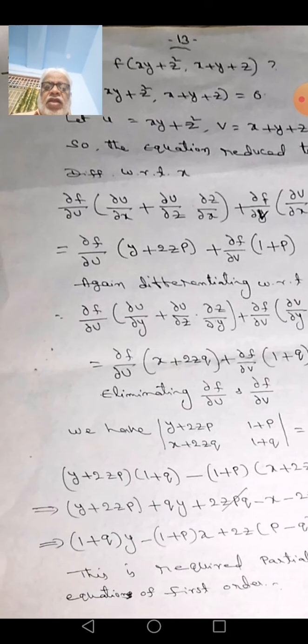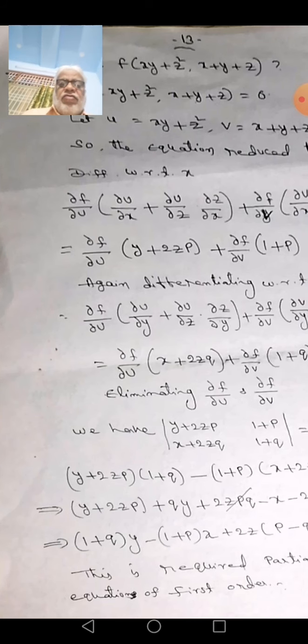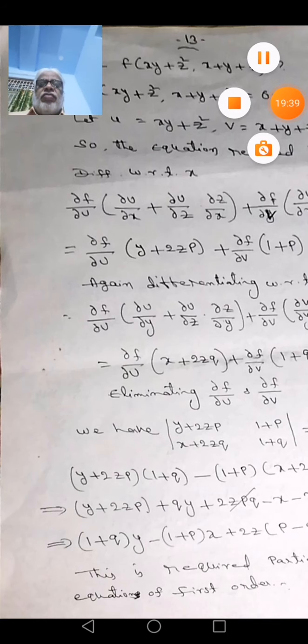Taking 2z common, finally we get the equation (1 plus q)y minus (1 plus p)x plus 2z(p minus q) is equal to 0. This is the required partial differential equation of first order.